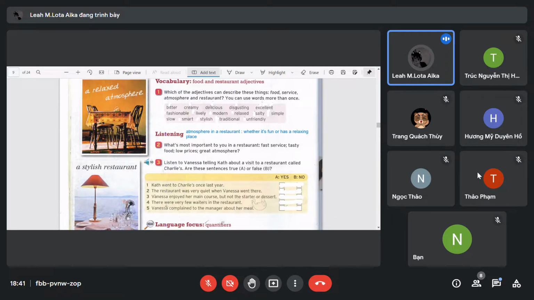It could be the restaurant has good lighting, good music, or it could be a friendly space. So that is atmosphere.